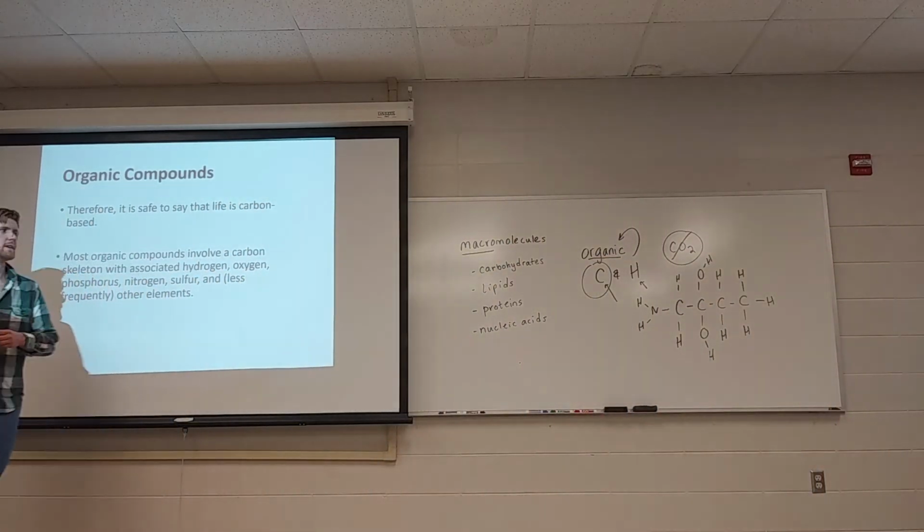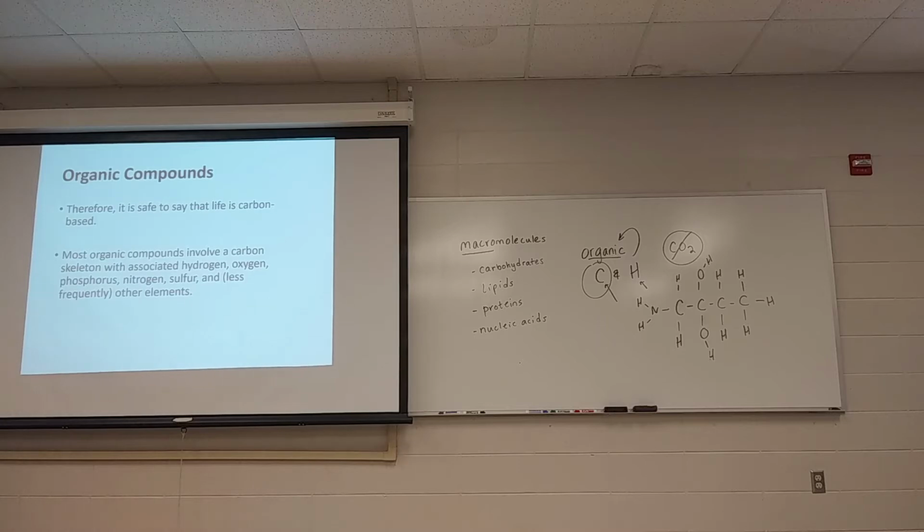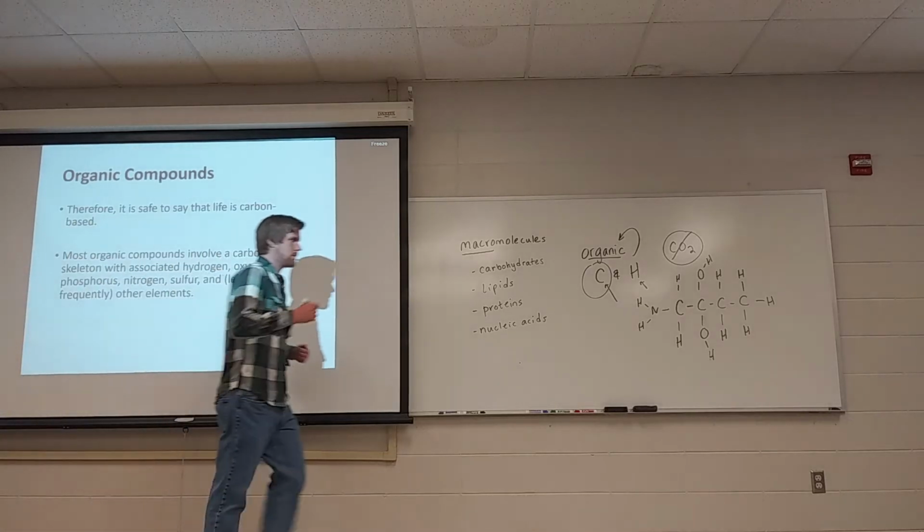Carbons with associated hydrogens, oxygen, nitrogen as well, occasionally less common elements like sulfur, phosphorus. Life is generally said to be carbon-based. I want you to notice the lines that I drew.